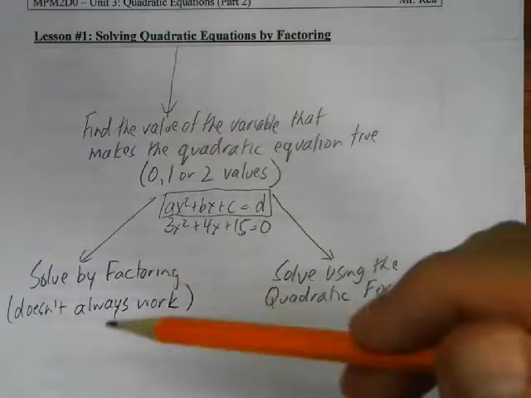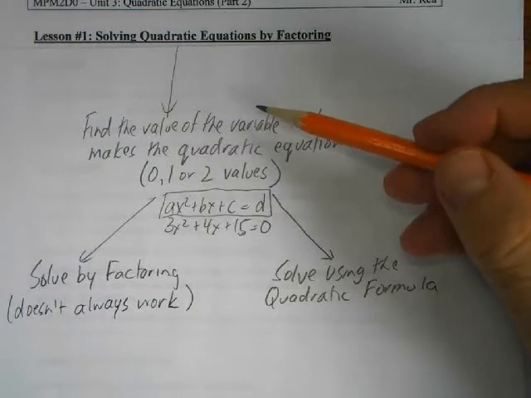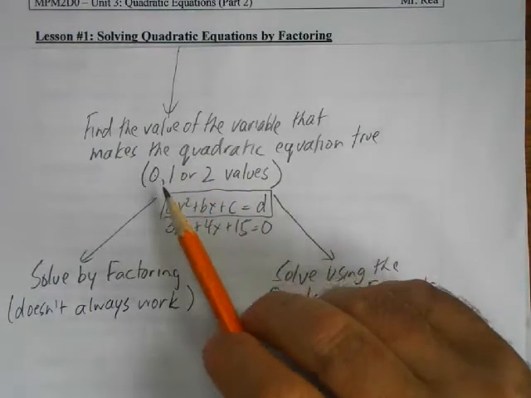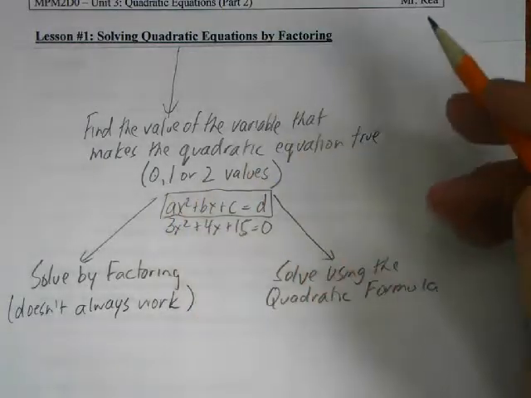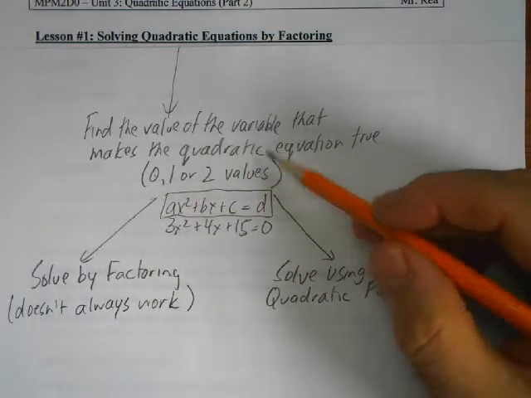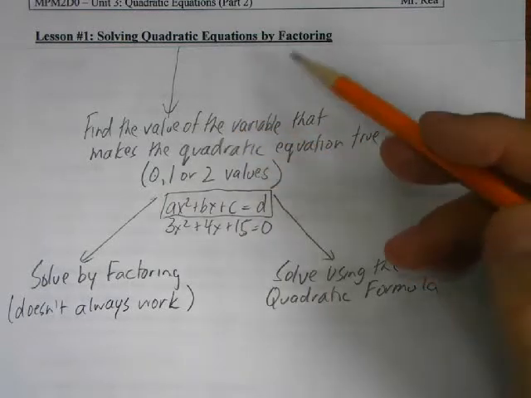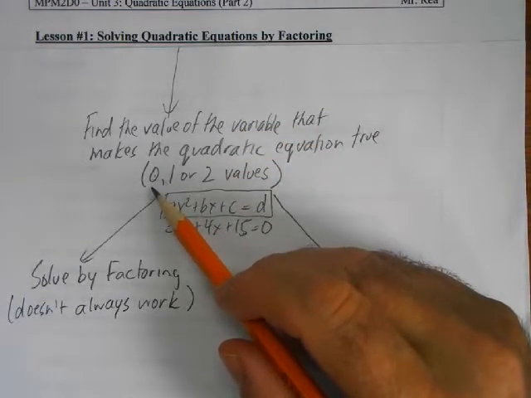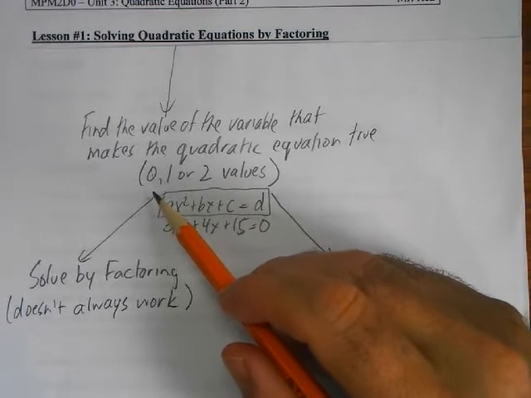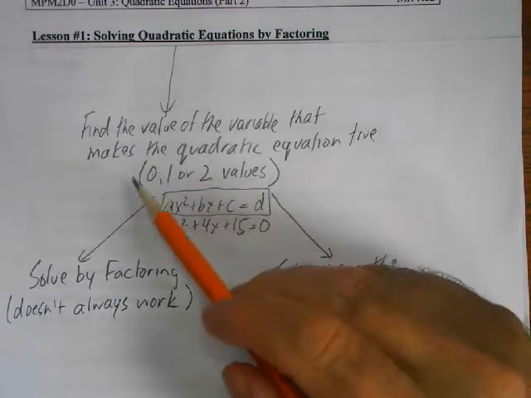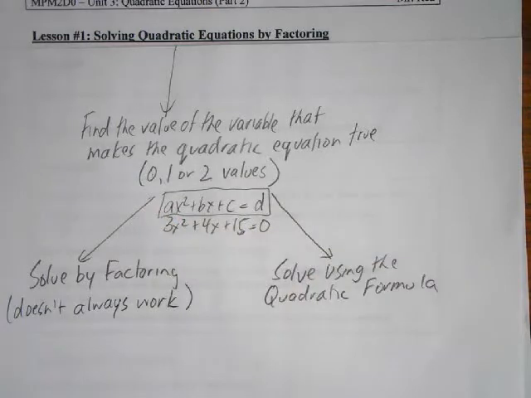Quadratic equations are a little bit trickier, and we'll get more into that in the next couple of lessons, but there could be 0, 1, or 2 possible values that the variable could have that would make the equation true. So when I say 0, it means basically there's no value of the variable that would make it true. Most of the time there's going to be 2, and then there's a chance it could be 0 or 1.